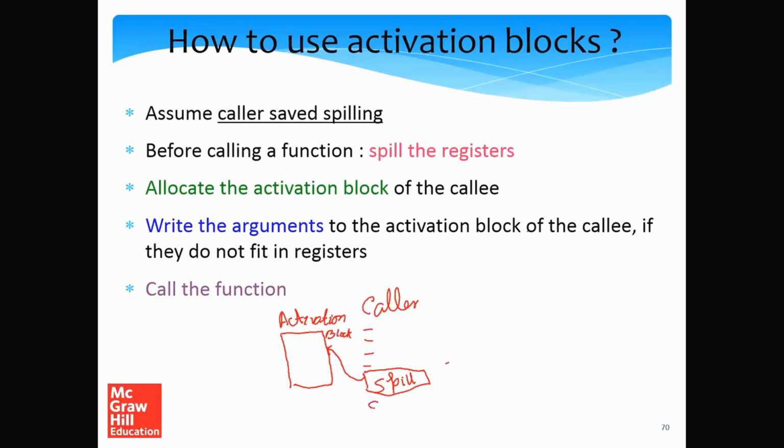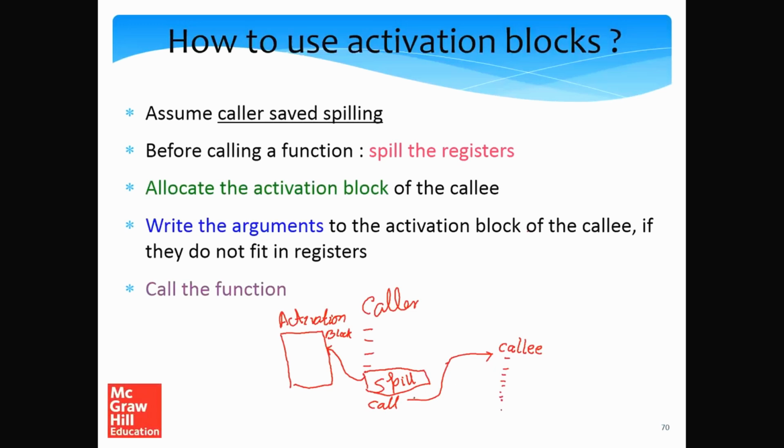Subsequently, we execute the call instruction. The call instruction transfers control to the callee function. We start executing all the instructions.